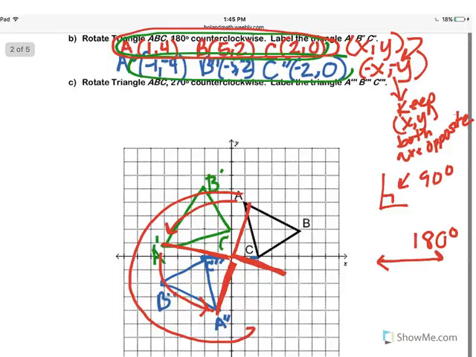So our new coordinate for A, if we brought this around, so this is 90 degrees, 180 degrees, and then 270 degrees. So our new position for the coordinate for A prime prime prime would be right here.